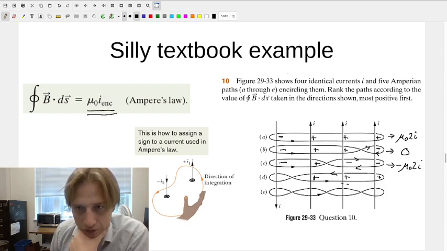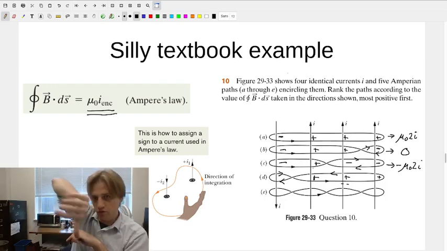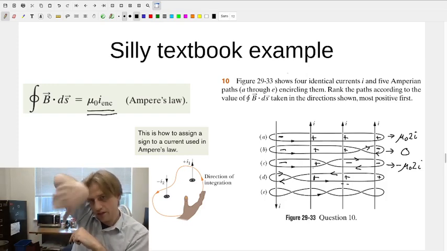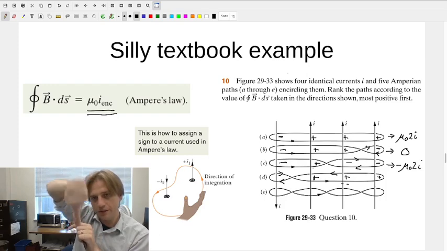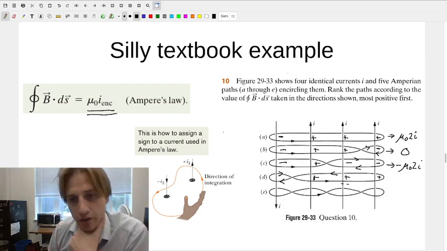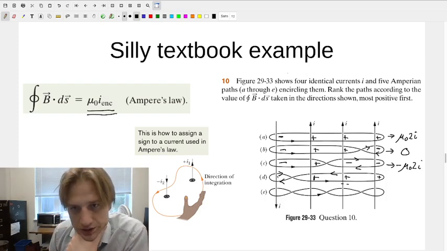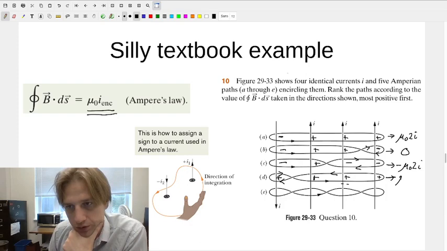And then we are going to be a little tricky and loop this around such that the orientation of the loop is going to be in the same direction as the current going through it. So this would actually count as a plus for our Ampere's law rule. So this would give us plus mu naught times 4I.